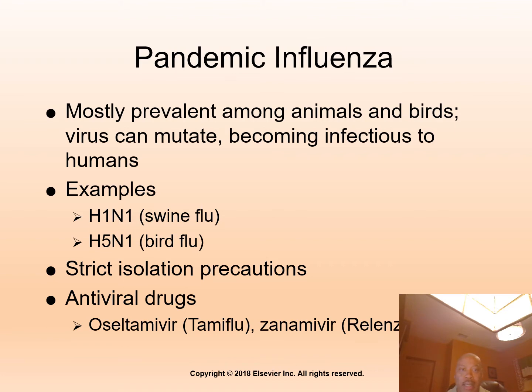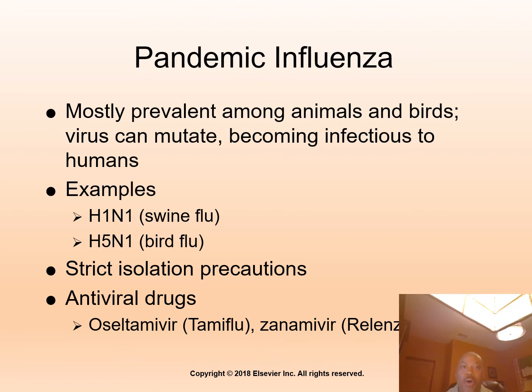Examples of the pandemic influenza virus are swine flu, also called H1N1, and bird flu, aka H5N1. Now remember, strict isolation precautions should be initiated because this virus is very contagious. Some of the antiviral drugs, Tamiflu and Zanamivir, can be used as well.